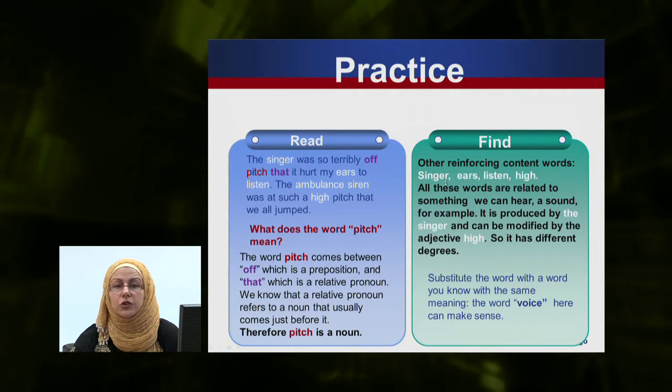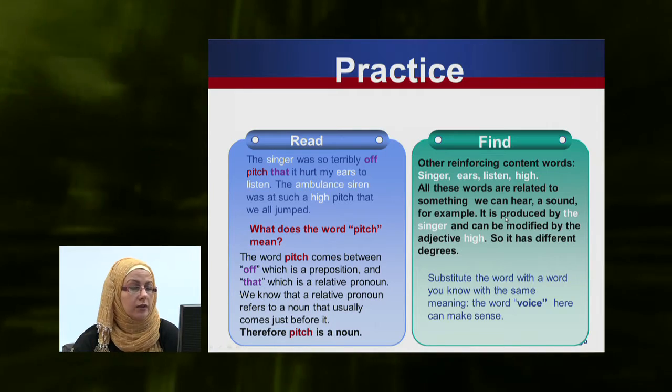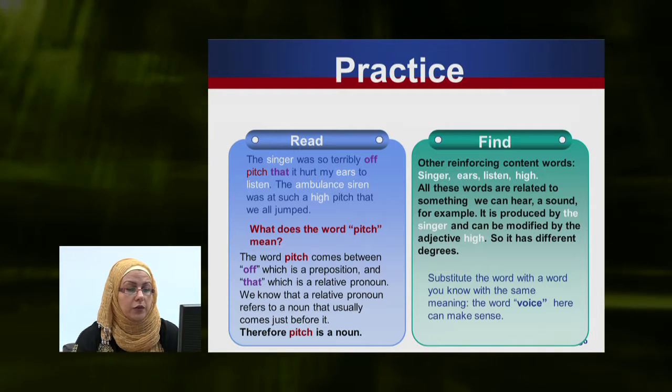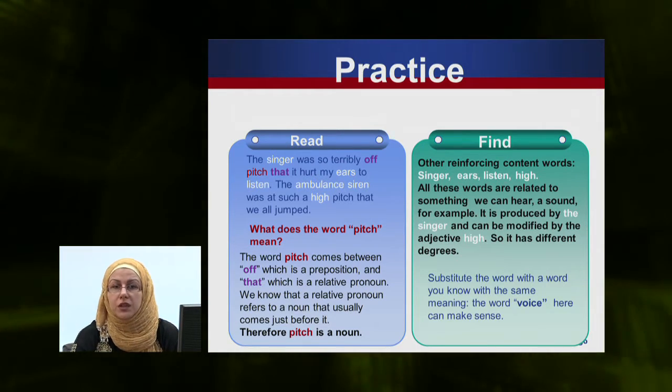It is something that a singer has or produces. It can be high, it can be low. So from all these things here, we can deduce that the nearest meaning or the nearest word to the word pitch is the word voice. And if we substitute it in the sentence, it can work well for the meaning.